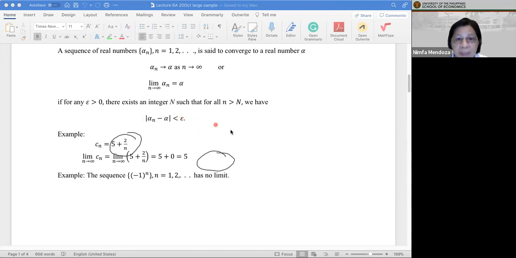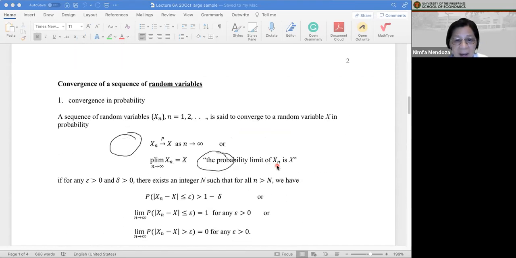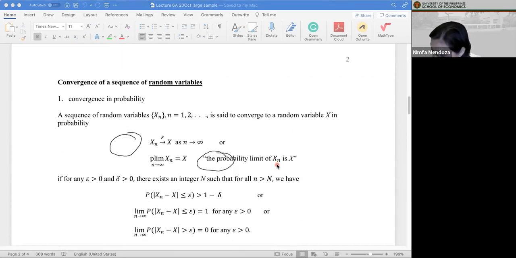So we simply have alpha n minus alpha, the distance is less than epsilon. This is for the sequence of real numbers. But since now we have random variables, then we have this probability. The second and third lines here are just rewriting of this equation.